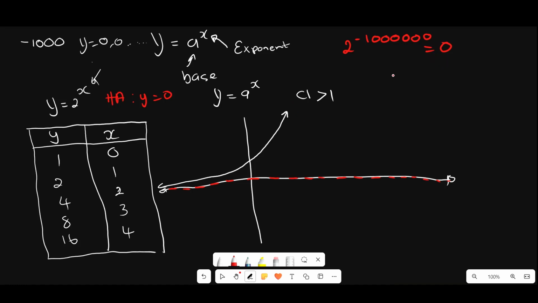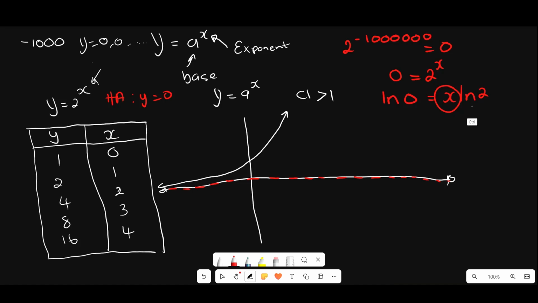Why? Let us see. If y is equal to 0, well, you don't have an x value, because I can say ln 0 is equal to x ln 2, which in that case will give me a math error if I want to solve for x.